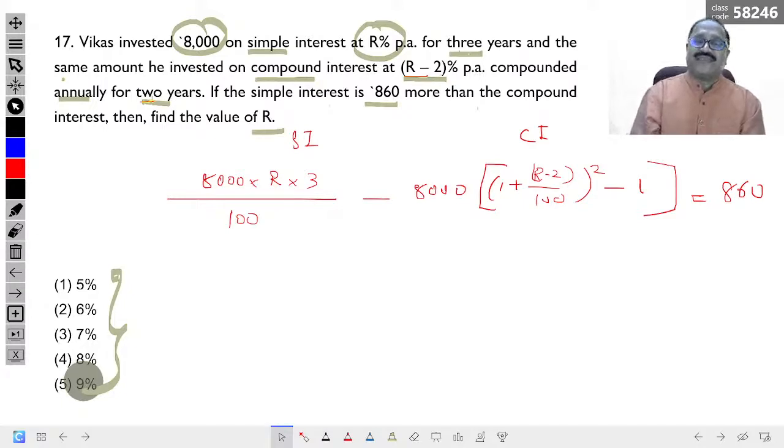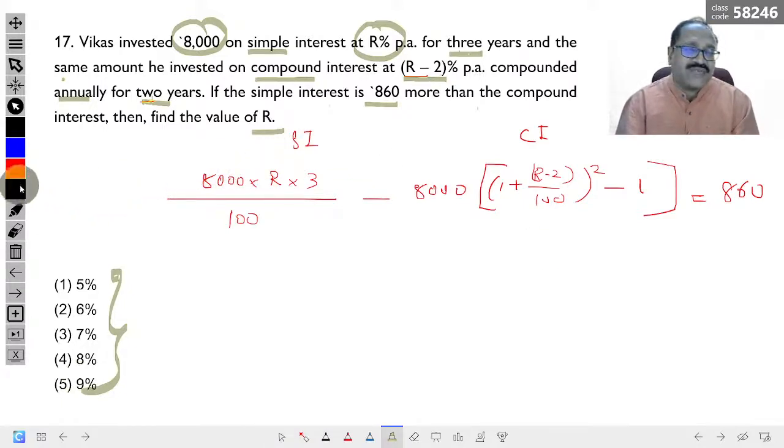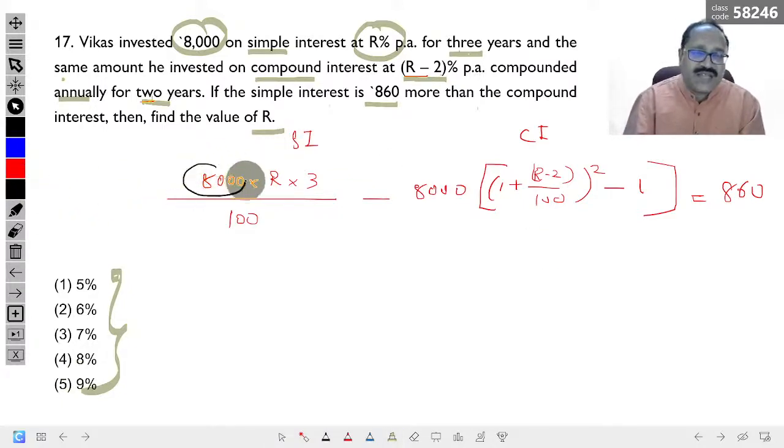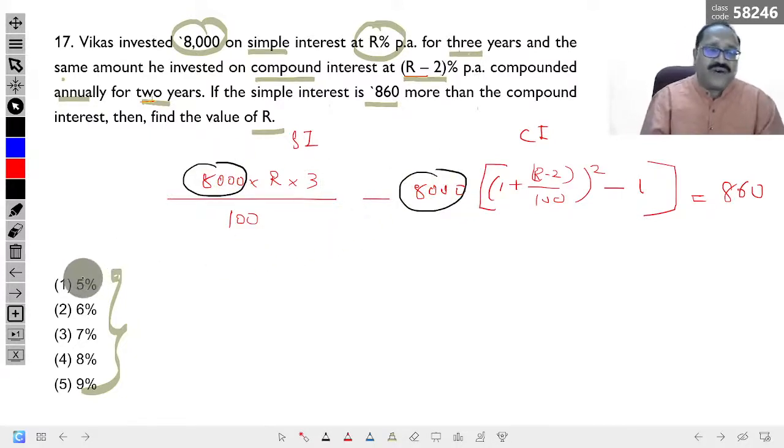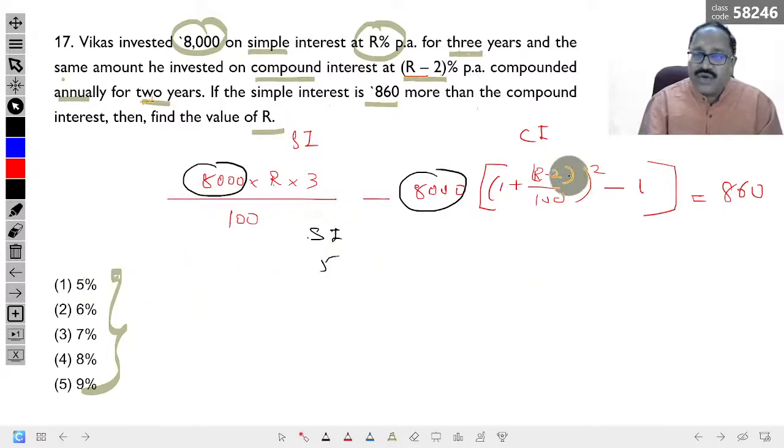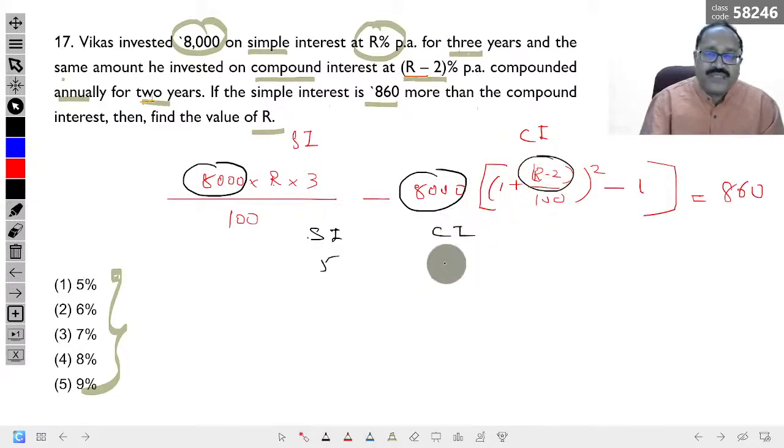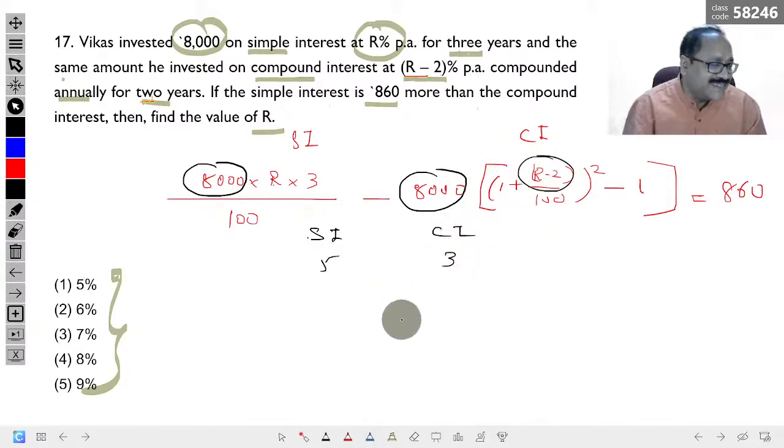Option verification. In both the cases, one good thing is that here it is 8,000, here also 8,000. So if I consider this as a R here, I am verifying this one, SI. Now 5%. Now what about the CI? Here R minus 2. That means here it is 3%.